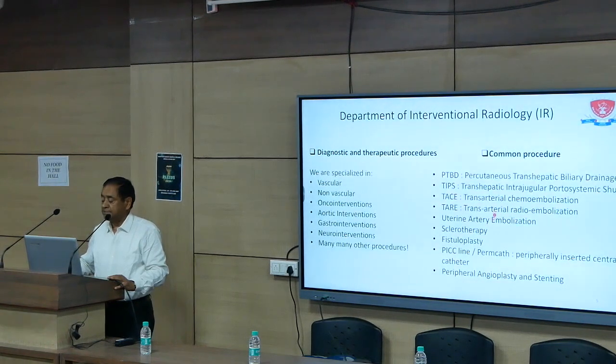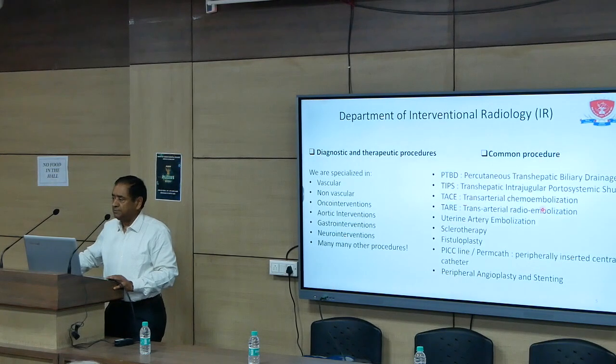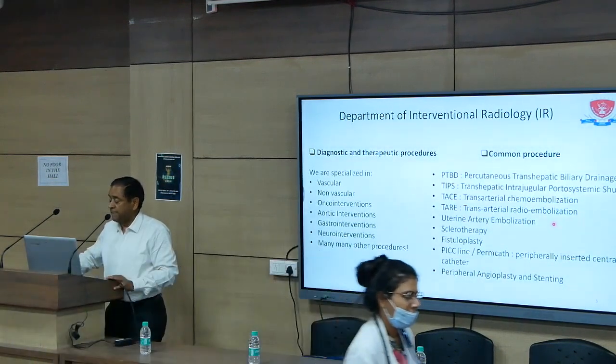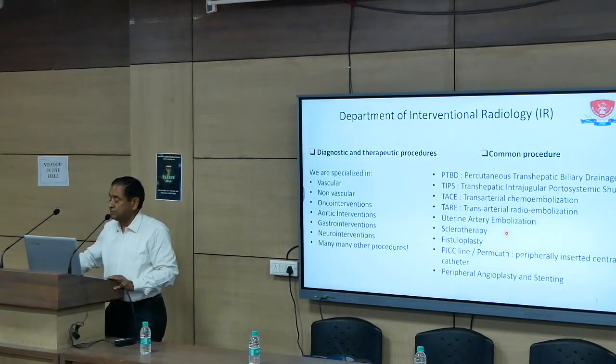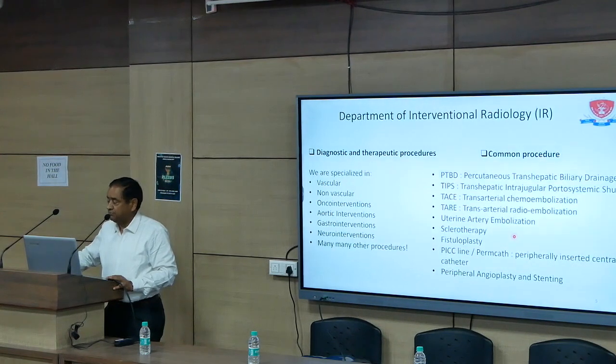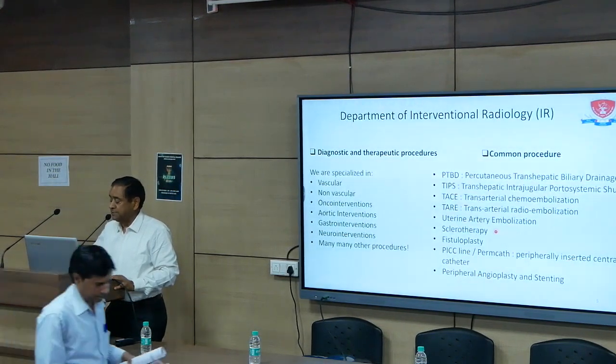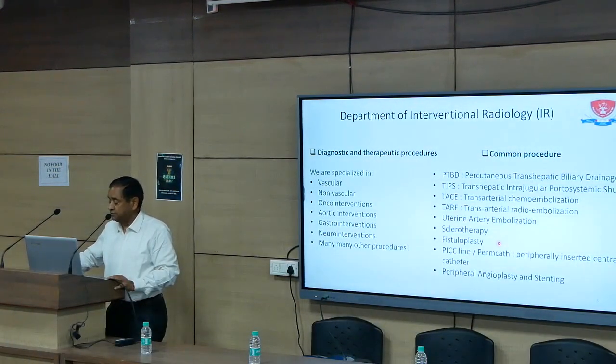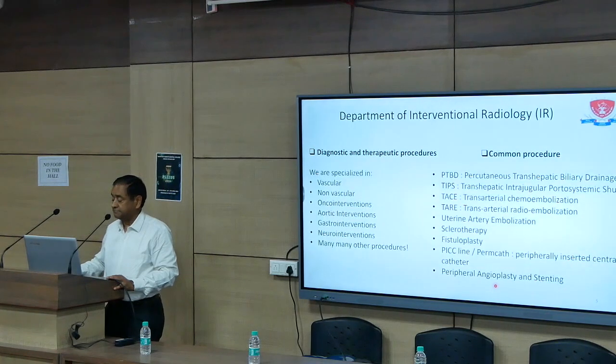Transarterial embolization and transarterial radioembolization are commonly used in hepatocellular carcinoma and also in various other types of carcinoma. We also do uterine artery embolization, sclerotherapy, which is used in venous malformation and varicose veins, fistulography, PICC line, permacath, which are very commonly used, and peripheral angioplasty and stenting.